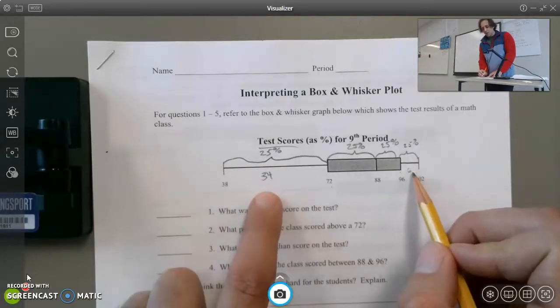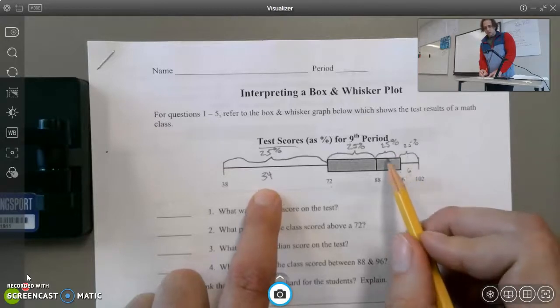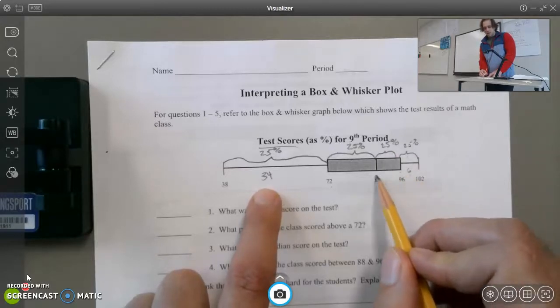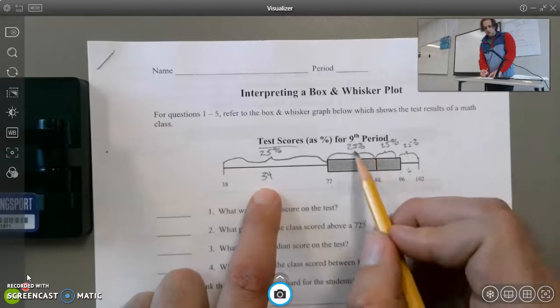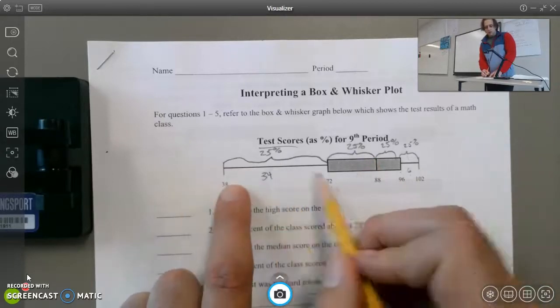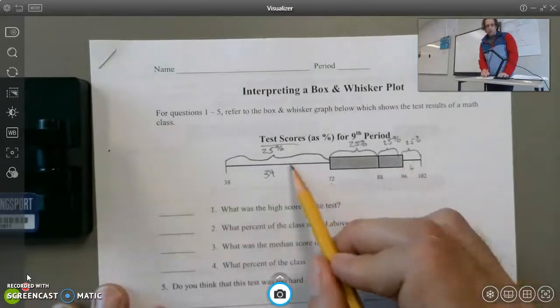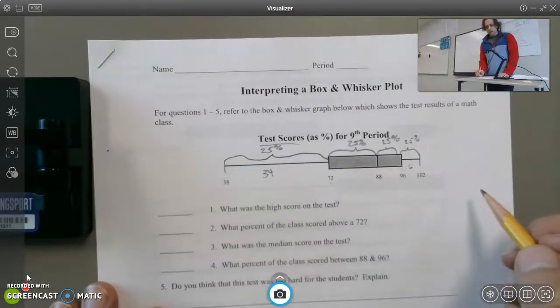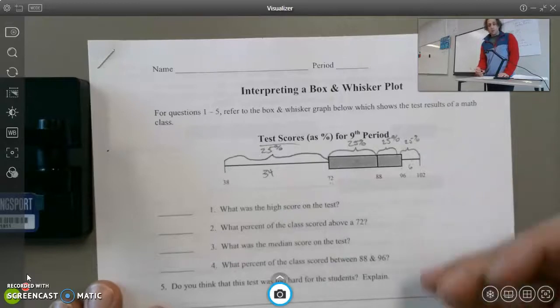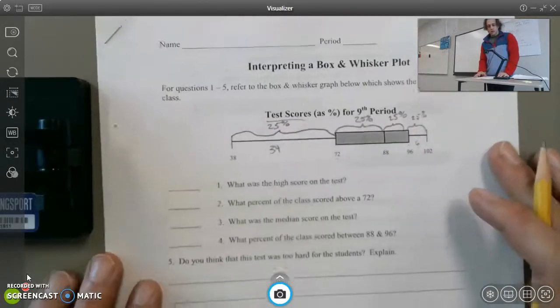So this would mean maybe like 10 students scored in this range, 10 students scored in 88 to 96 range, 10 students scored in 72 to 88 range, and 10 students scored in 38 to 72 range. I don't know that it's 10, I'm just saying in general, it's the same number for each of these 4 quartiles.